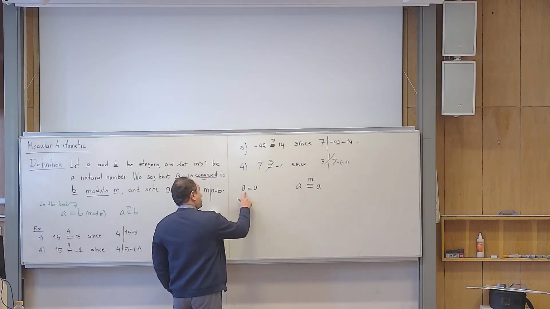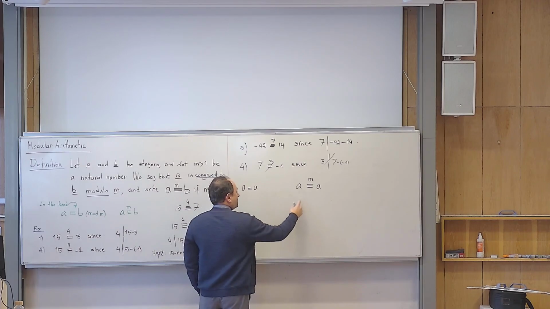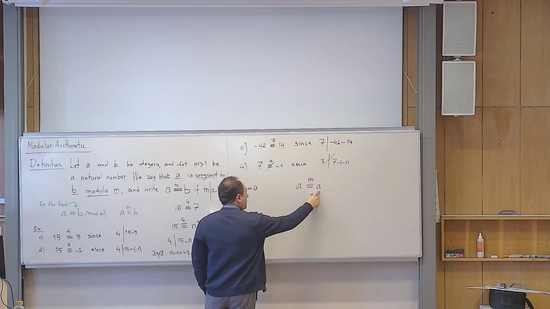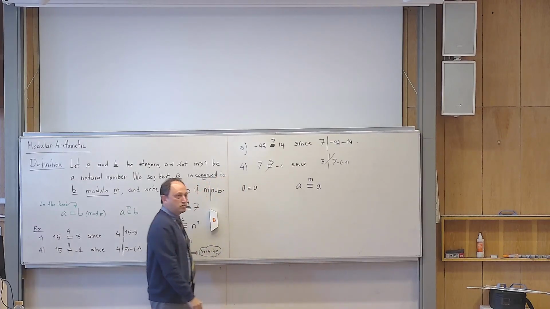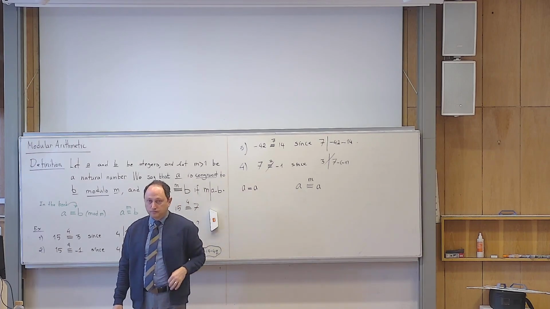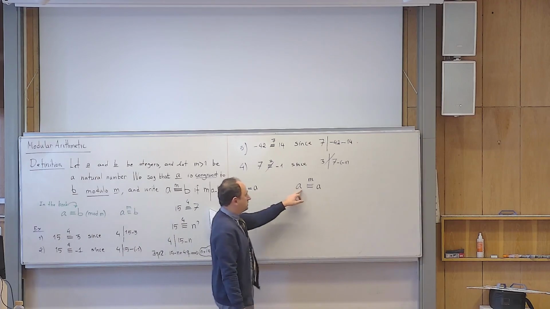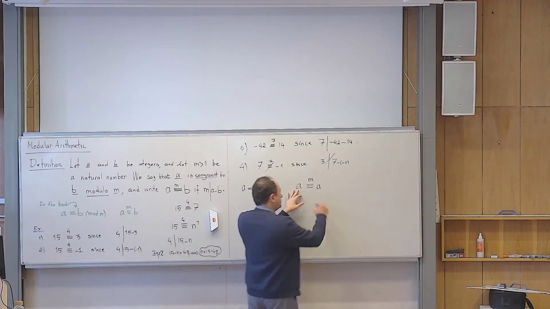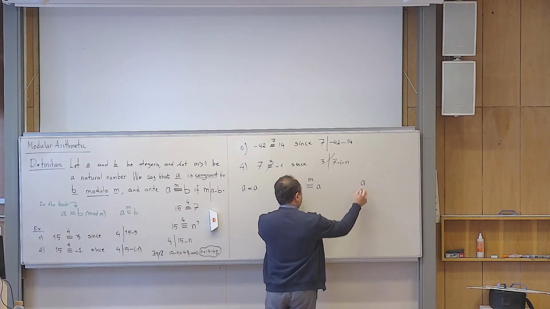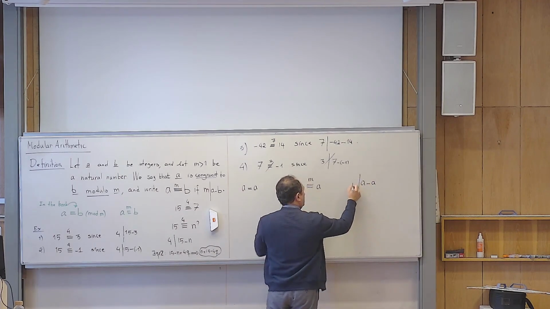So we know that a is equal to a. I am saying that any number is also congruent to itself when it comes to any module n. Do you agree that this is true? How do you check this? You need to ask yourself, is the number on the left minus the number on the right divisible by the number on top?